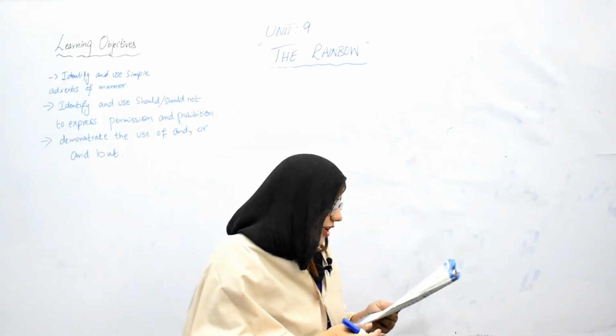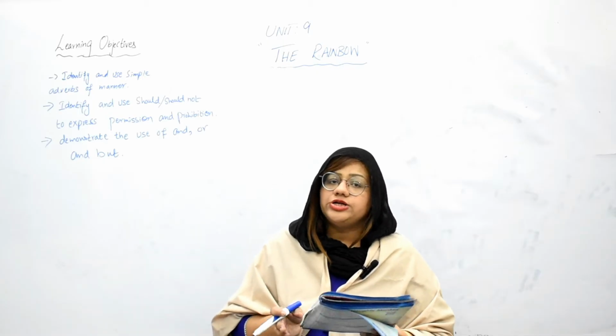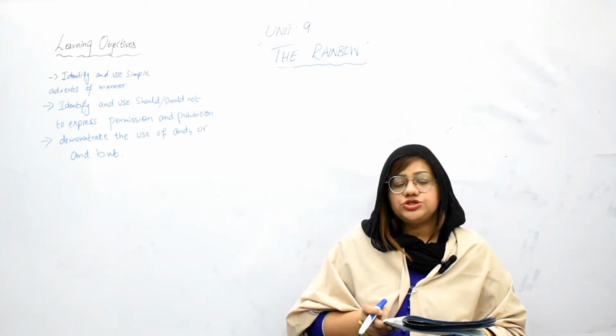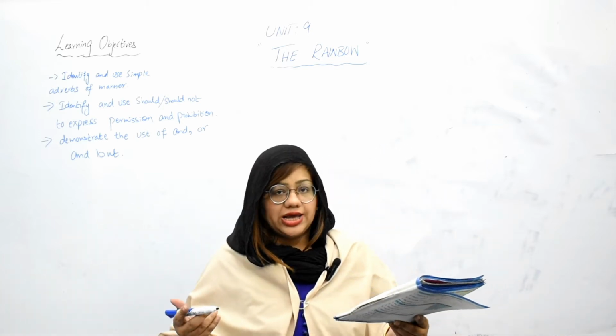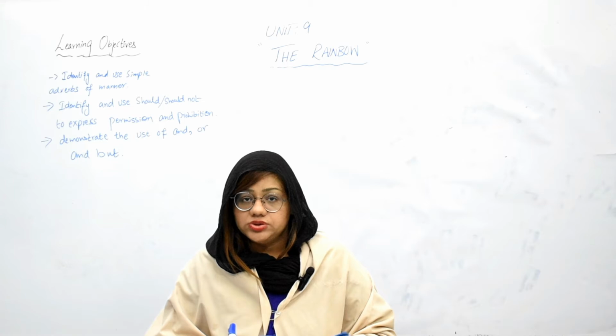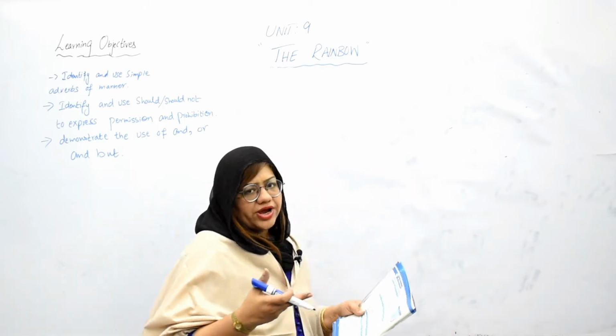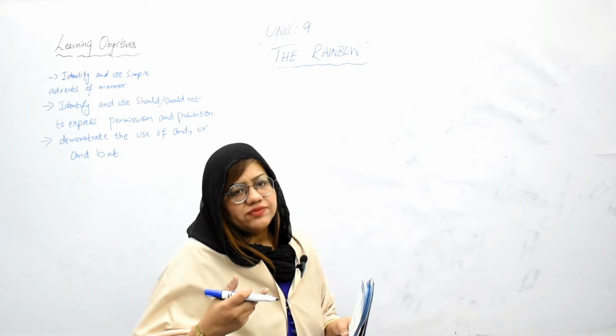Now students, joining words. Look at page number 92. Read the following sentences. Notice the use of joining words. Before explaining that, I'll show you what kinds of words joining words are.